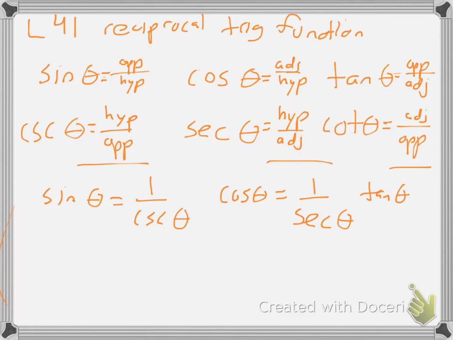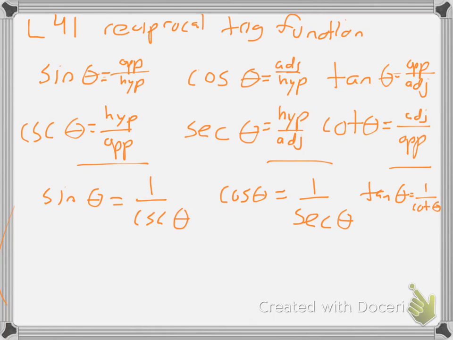Tangent theta is equal to 1 over cotangent theta. But that's not it. They can also be flipped in their own way.